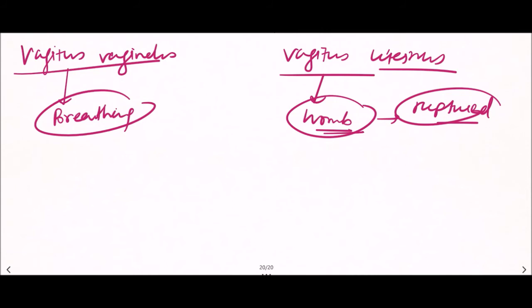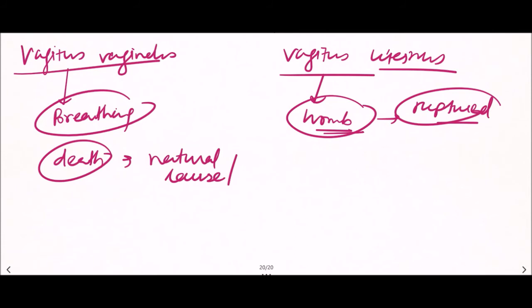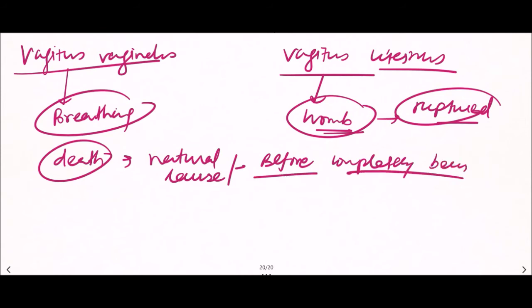A child may die from natural cause. There may be some natural cause, but it is completely born. The death may be due to some natural cause, even before completely born. So before complete birth, death may be seen due to natural cause.